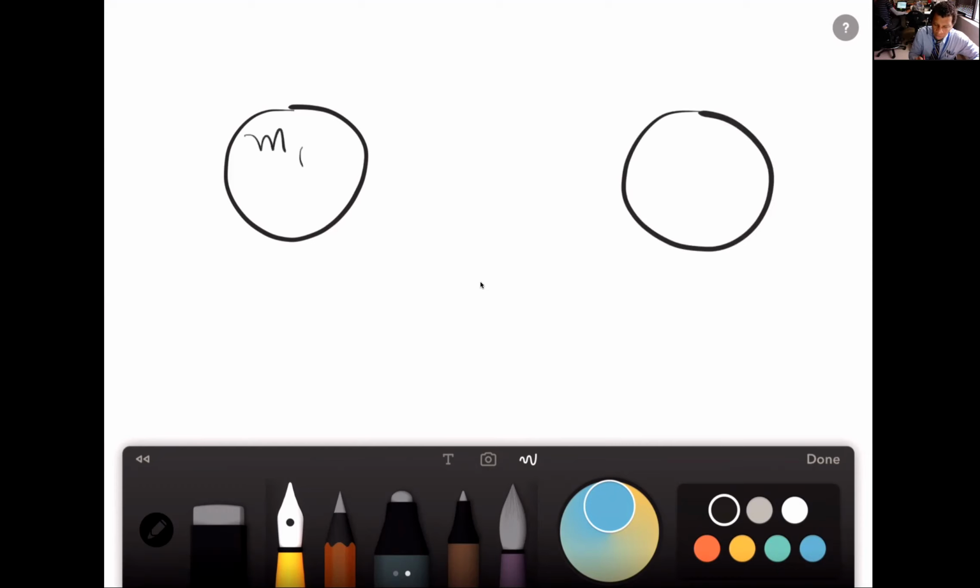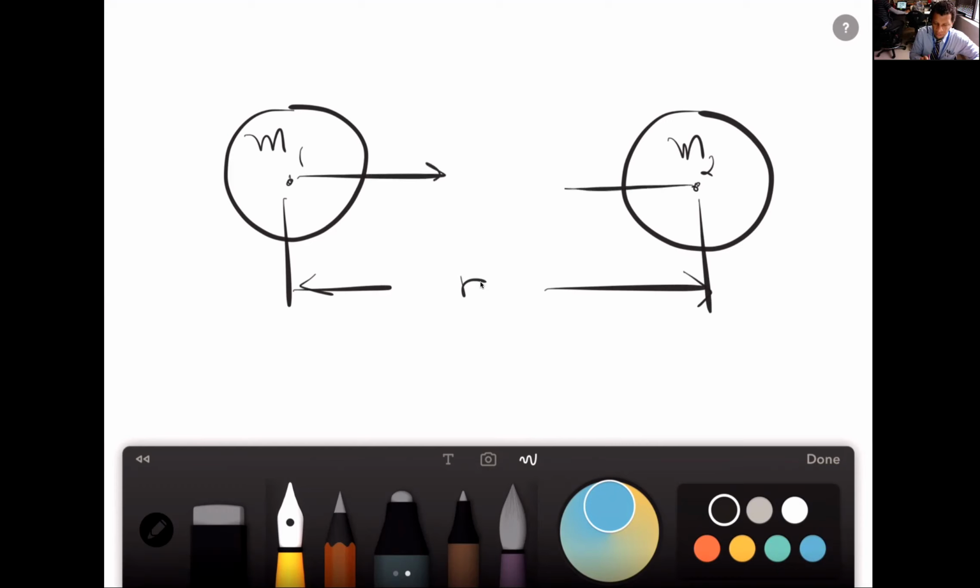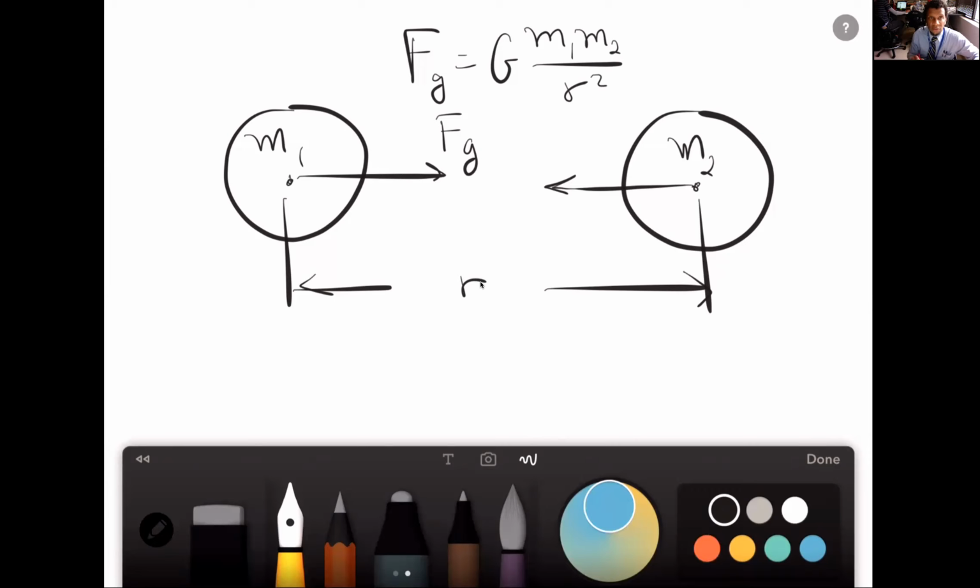We know that we have M1 here, M2 here, and a distance of separation between the centers, R. We have a force acting back on one another, F sub G, which is equal to the universal gravitational constant times the product of M1 and M2 over the square of the distance of separation between their centers. This is Newton's universal law of gravitation.